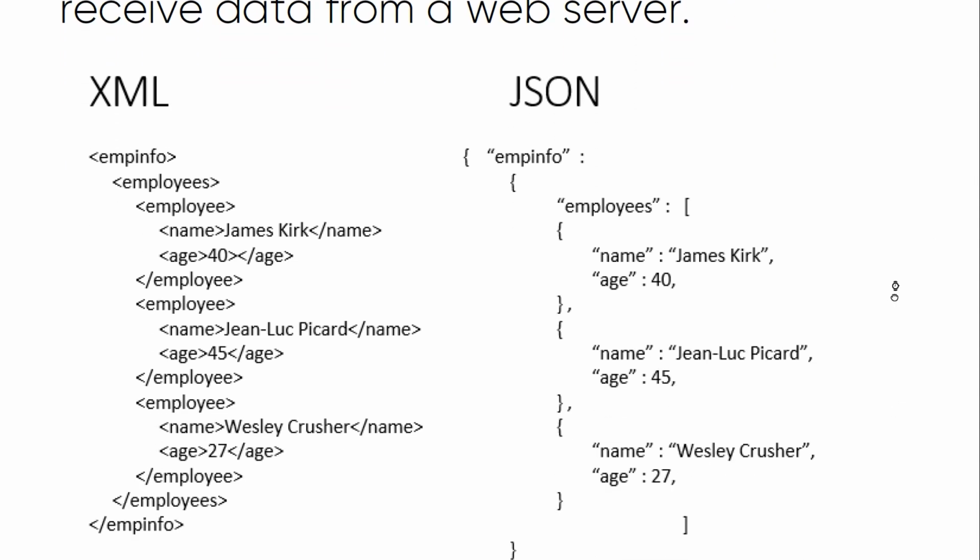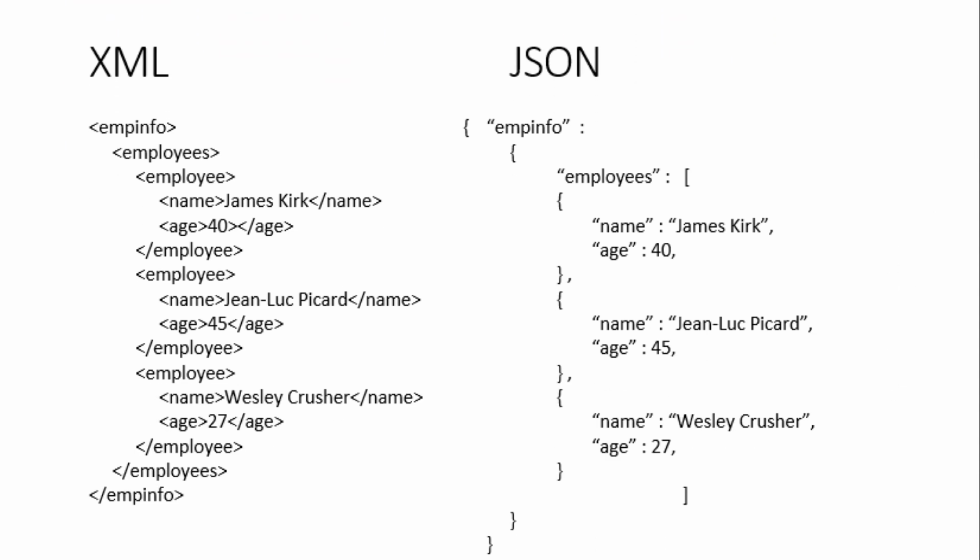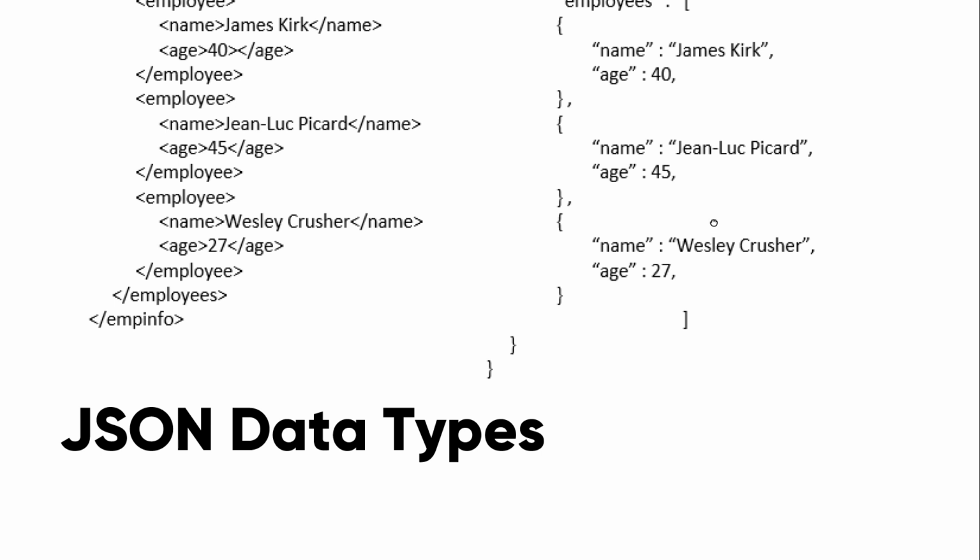So think about why we are using JSON or XML: we need them to parse data from the server. This is the format of XML. This is the data written in XML, and this is the data in JSON. It is simpler, easier to read, and easier to parse.